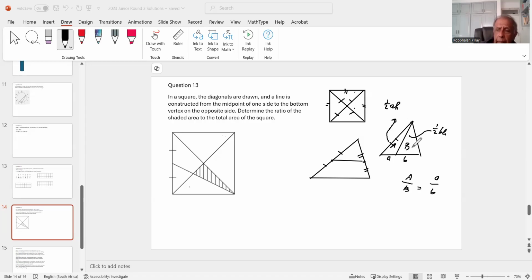So when you put one area over the other, the half and the H cancel off, and you get A over B. So that's a quick way of explaining why the ratio of the areas is the same as the ratio of the sides. So if we need to work out the area of this, I need to know the area of this, because the area of this over the area of this is equal to that over that, you see?